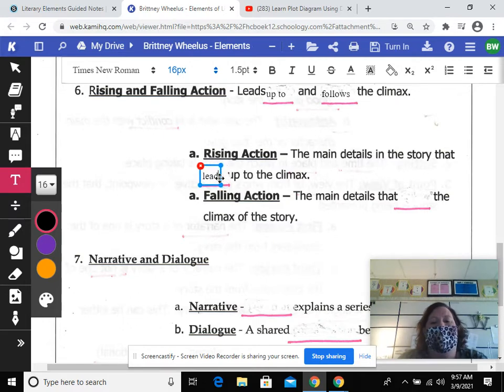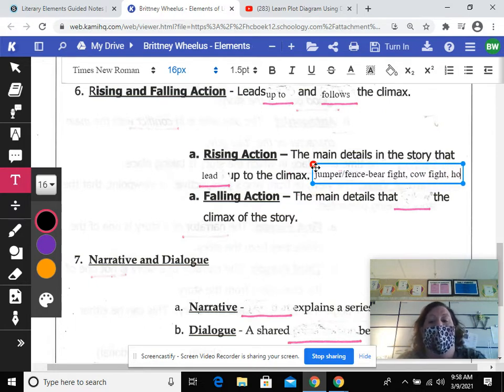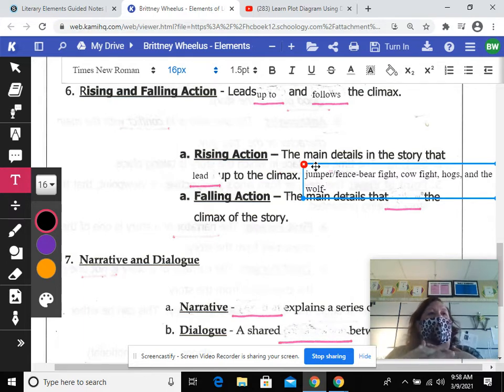Okay, so some of the main details in Old Yeller is going to be the incident with him and Jumper and the fields and the fence. Okay, it's going to be the bear fight, the cow fight, the hogs, and the wolf. All right, all of these are details or scenarios that lead up to the climax of the story.